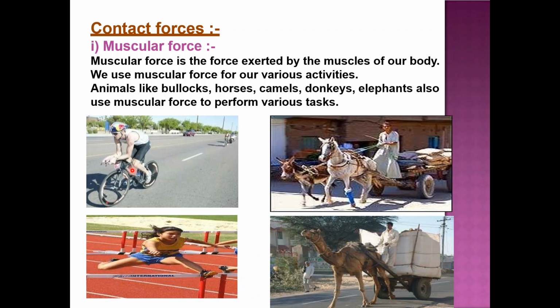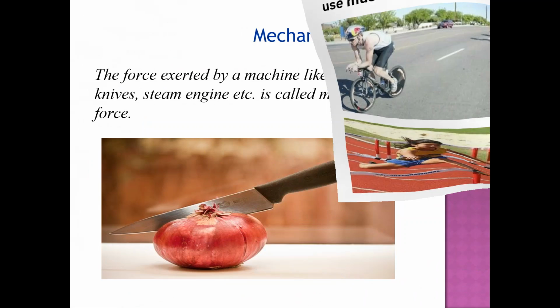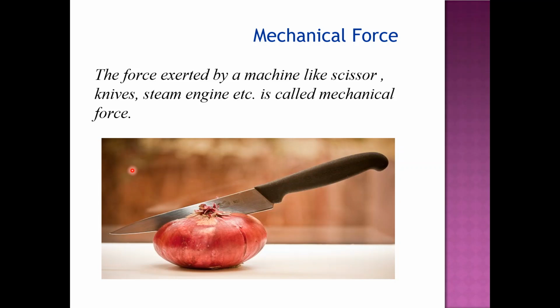The second type of contact force is mechanical force. The force exerted by a machine, rather than by the muscles, is called mechanical force. Some simple machines like knives, scissors, hammers, staplers, etc. exert a mechanical force on objects.